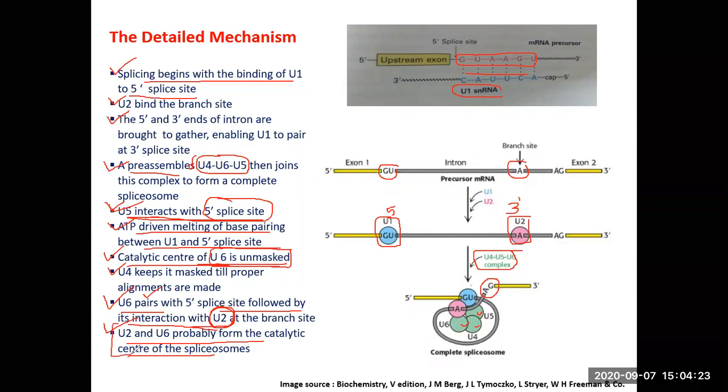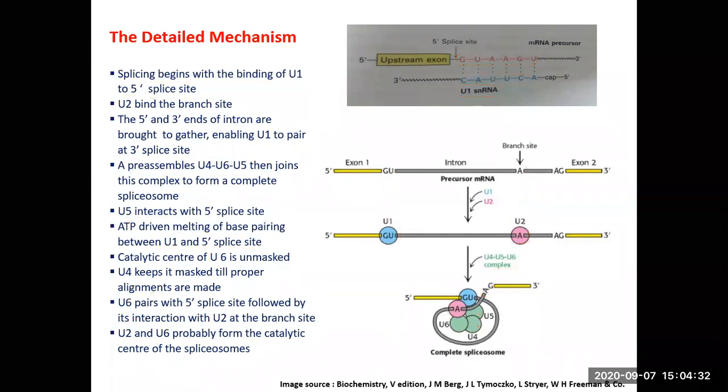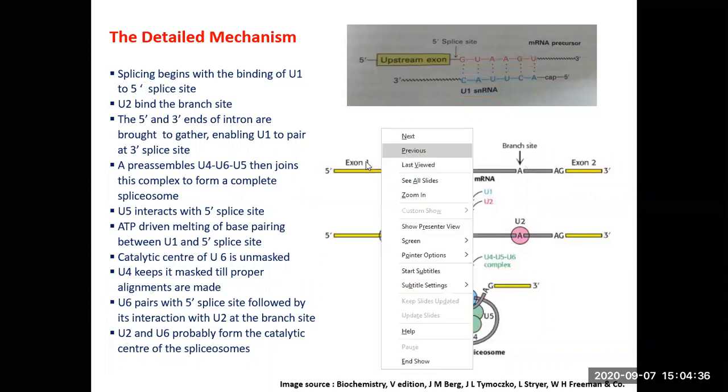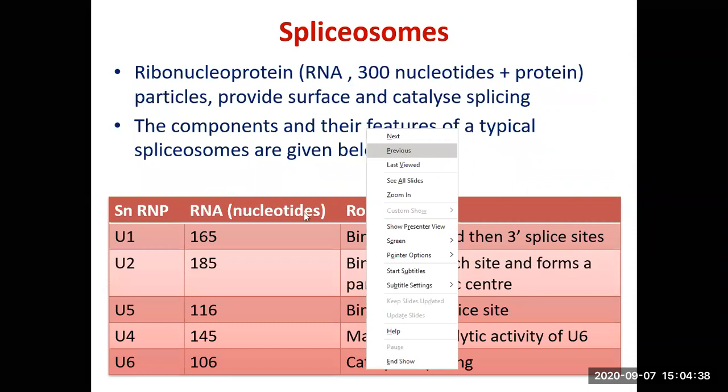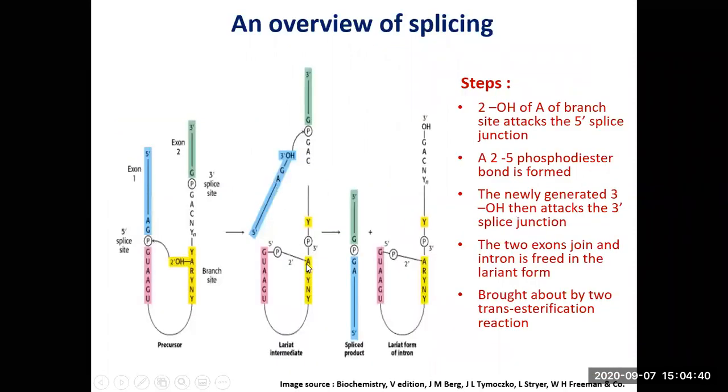What is the catalysis? The 2-hydroxyl group of the branch site where U2 is aligned attacks the 5' splice junction here.